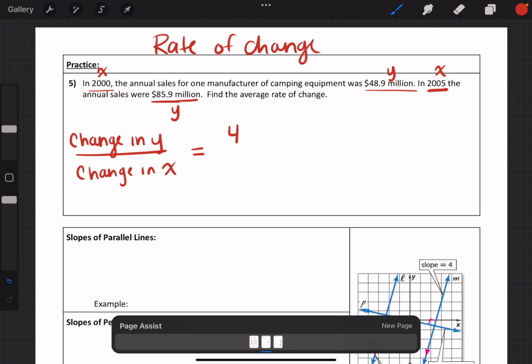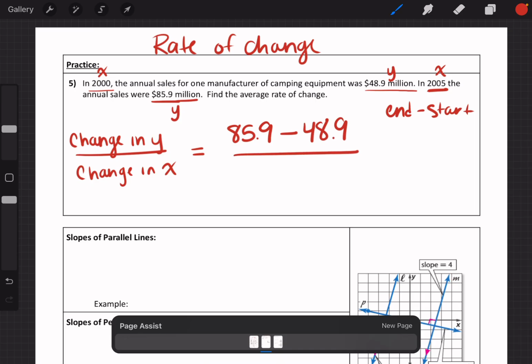So I'm going to start with the end. We got 85.9 minus 48.9. Again, end minus start. And then on the bottom, I've got my change in X. So my end is 2005. My start is 2000.